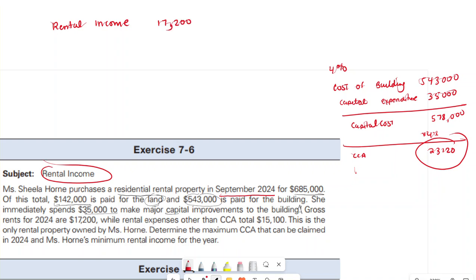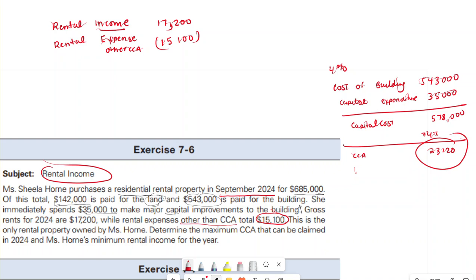Of course, if it's an income, you are allowed some expenses other than CCA, such as a management fee or any other expenses. They told us in the question that the rental expenses other than the CCA total 15,100.